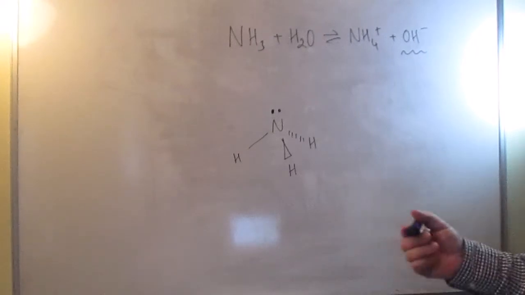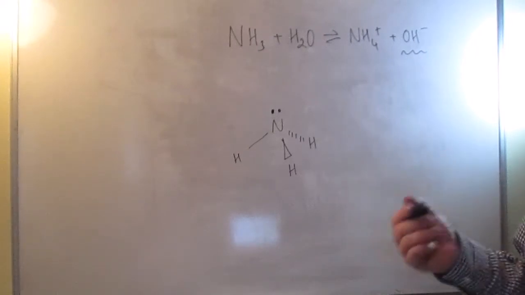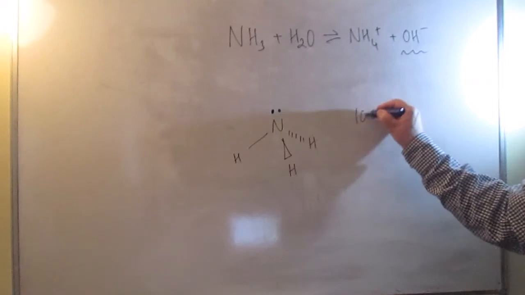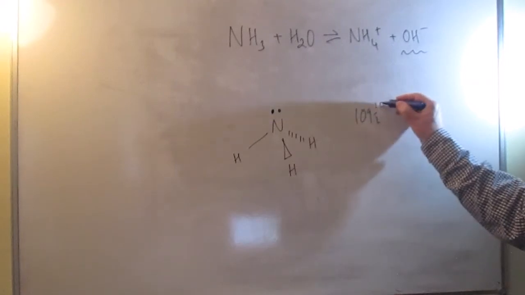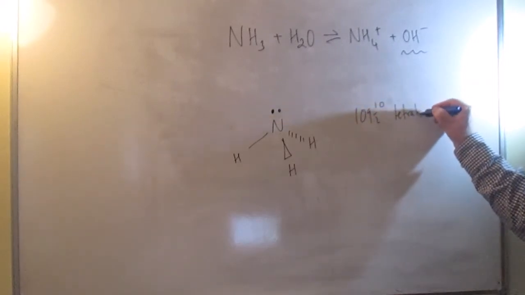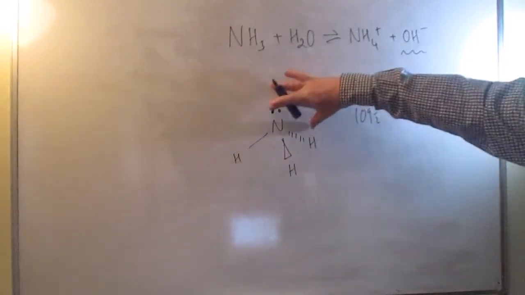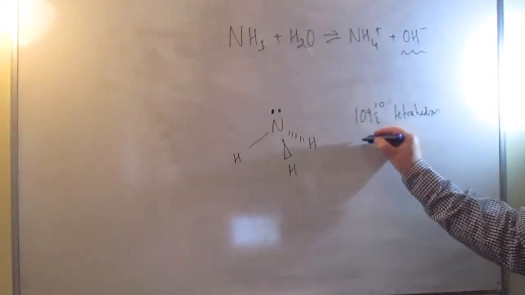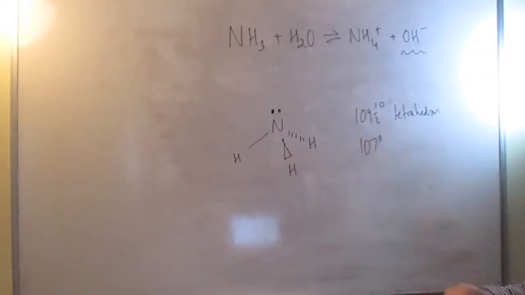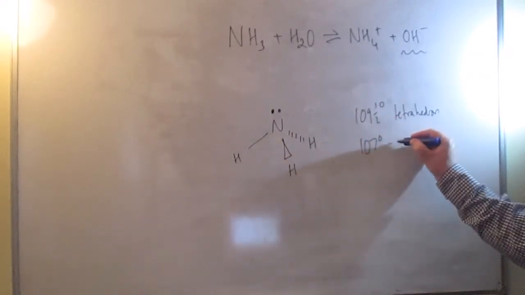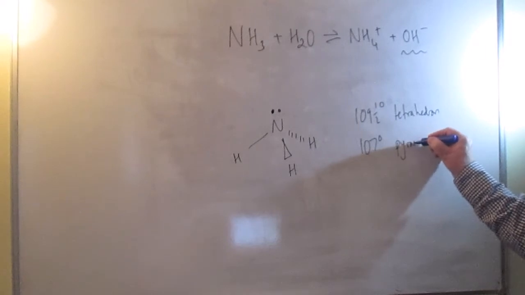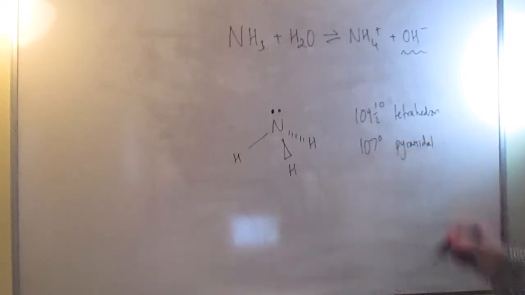And remember that in a pyramidal molecule the angle is indeed 107 because it's 109.5 in a perfect tetrahedron. But because lone pairs repel more than bonded pairs, it closes down the bond angle a little bit, and 2.5 degrees per lone pair takes it down to 107 degrees for a pyramidal molecule. So C is the correct one.